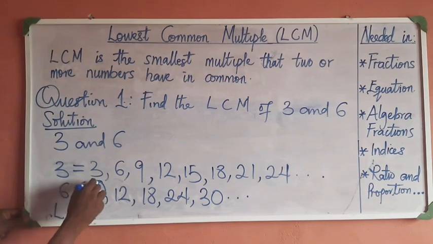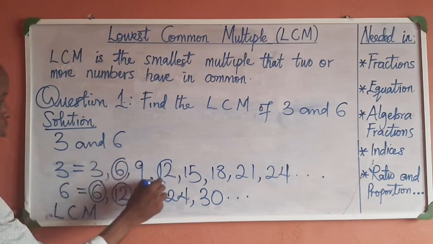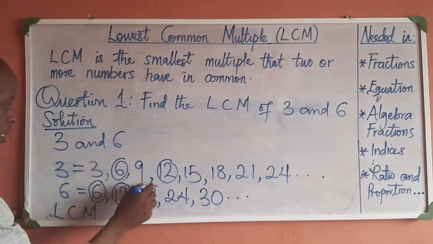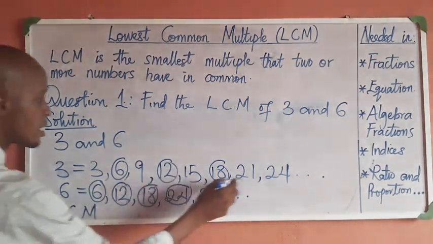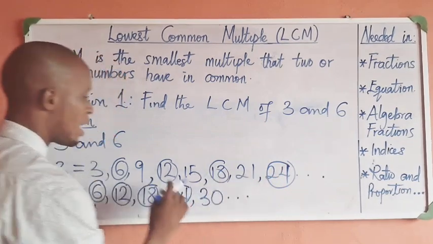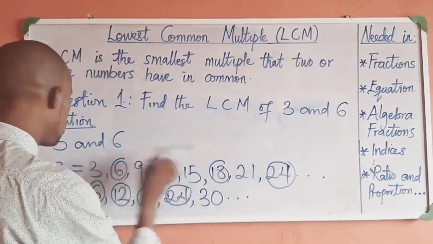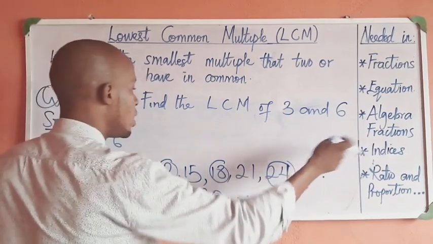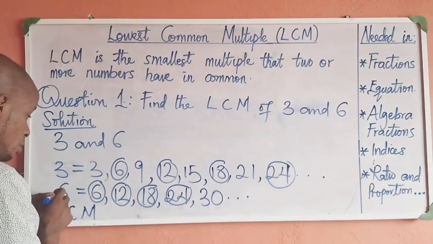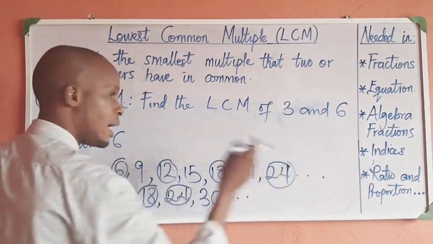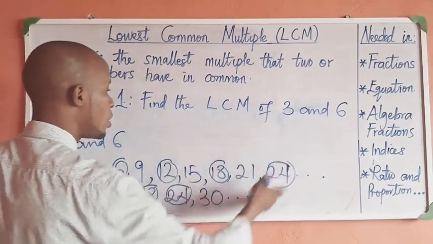Here 6, here 6, you can see they are common. 12 is here and 12 is here, common. 18 is here, 18 is here. 24 is here, 24 is here. If you continue to list the multiples, you will automatically have more common multiples.